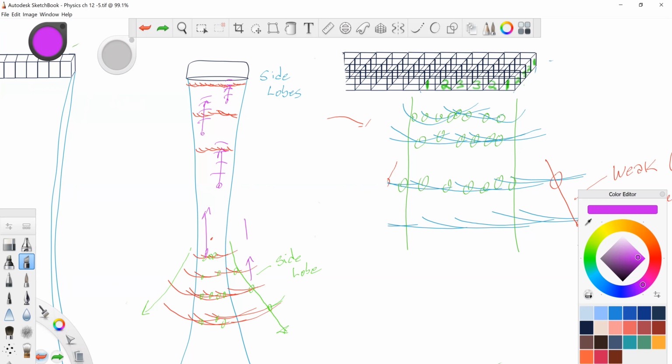Let's use a different color. Let's use red. You see what happened there is that we received an echo from something that wasn't in the right place.